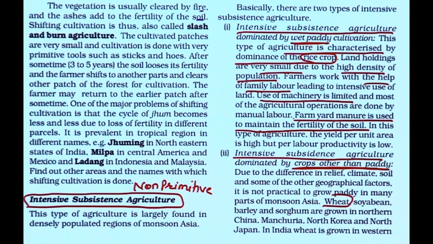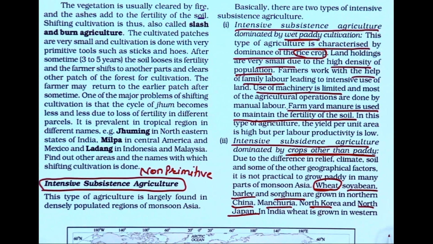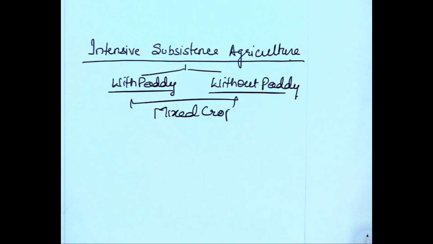Without paddy, we have largely wheat, soya bean, barley, sorghum, in northern China, Manchuria, North Korea, North Japan. In India also we have wheat cultivation, a rabi crop, mostly in the western part. What exactly we need to understand with these two types of agriculture is essentially mixed cropping.